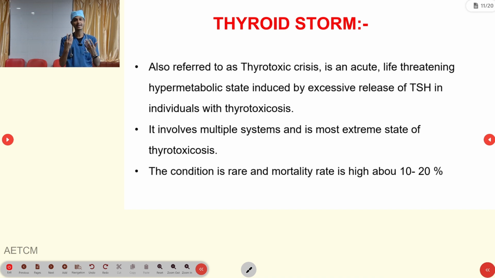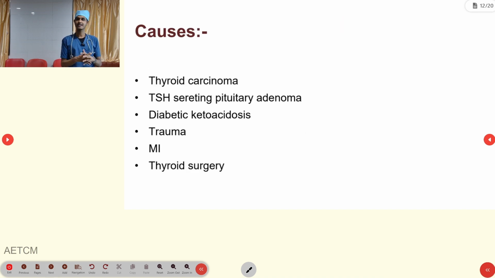It is a higher metabolic emergency. The symptoms are the same: tachycardia, increased respiratory rate, increased metabolism, and diarrhea because of increased gut motility.